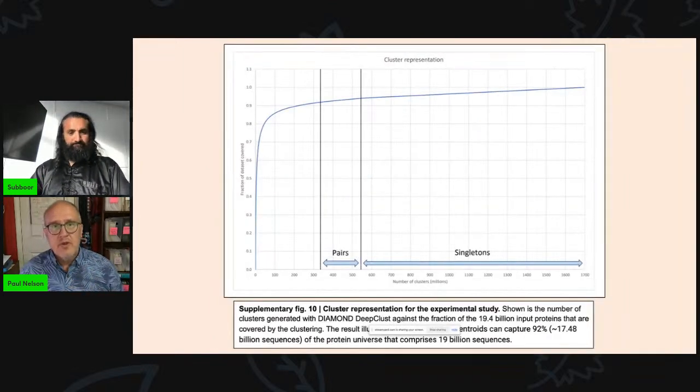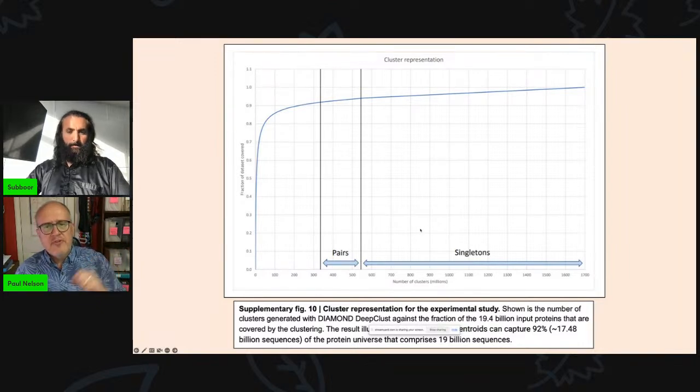This is interesting. Now, here is a figure from their paper that does show the orphans fraction. Over here on the left, these are all the clusters that have n plus, well, it would be 2 in this case, because the next group are pairs. So this group is at least 2 sequences that have been clustered. And then the singletons, the orphans, are over here.